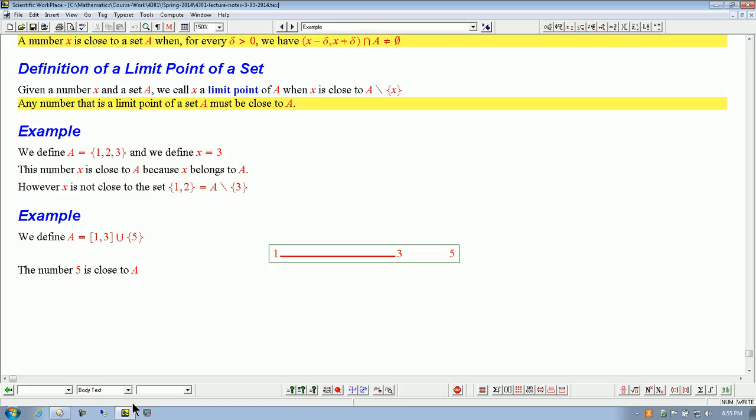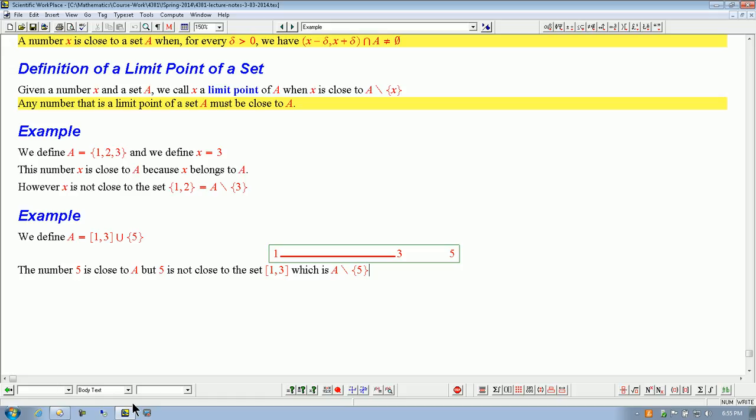Because it belongs. But 5 is not close to the set, the interval 1 to 3, right? Which is A minus the singleton 5. Do you understand? What if instead of pulling out 5, you pull out the 3 and that is empty?